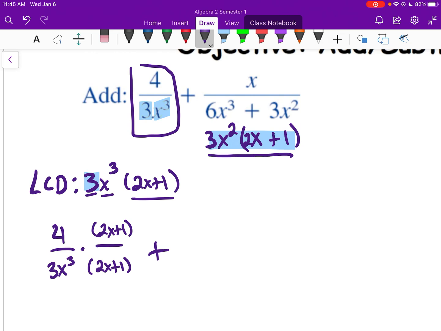Now, when I move to the next term, I got 3x squared times 2x plus 1. Okay, I have the 3.